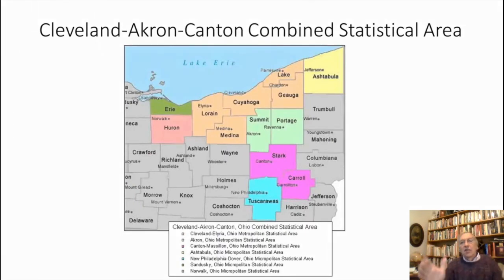Then the next level out would be the metropolitan area, which is defined by clusters of counties. So now you start including a lot of edges, a lot of undeveloped land, pasture land, forests, and so on along the edges of this.